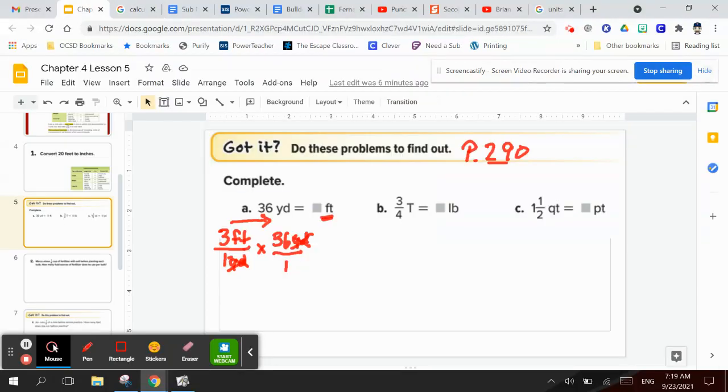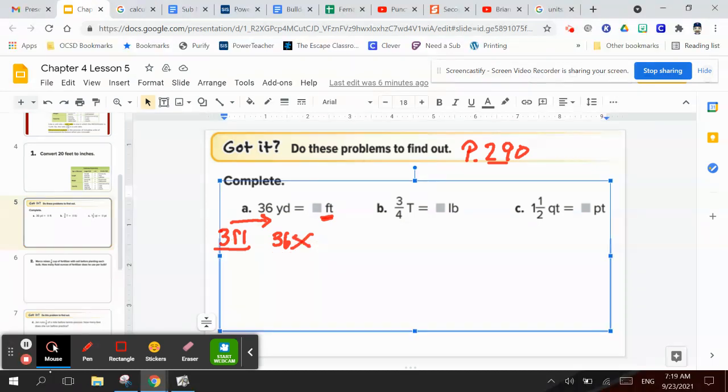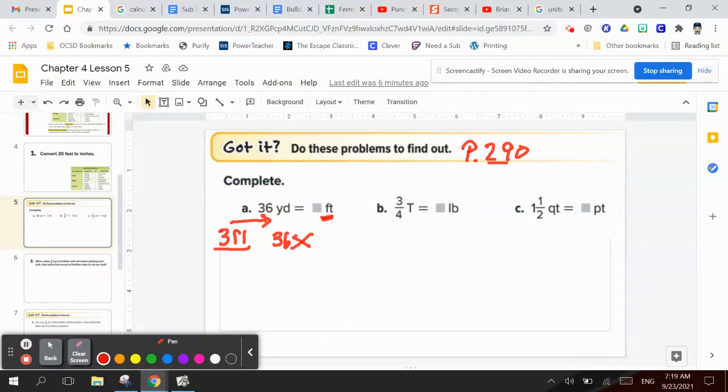So I go back over here. That's going to equal 108. 1 times 1 is 1. So any number over 1 is that number. So I have 108. What am I looking for? Feet.